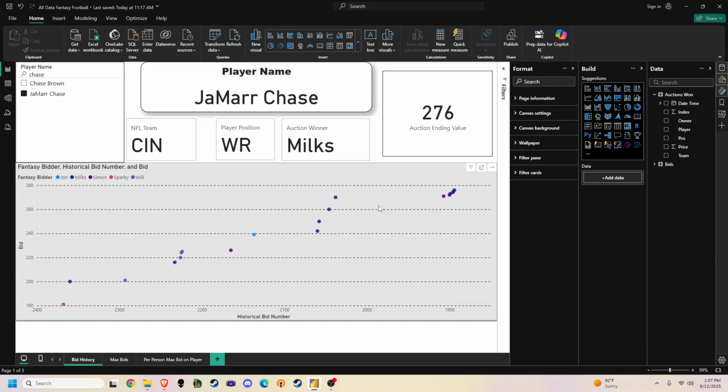The website gave the data in a weird way where it counted the most recent bid as one and counted up. If I was doing this again today, I would have created a new variable to figure out the highest historical bid number, and then subtract the historical bid number on here.